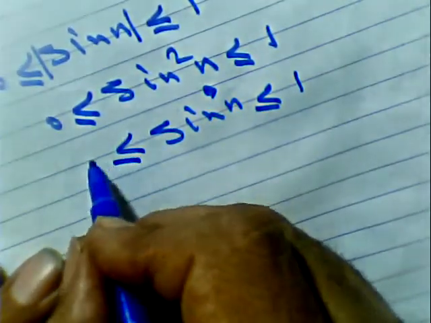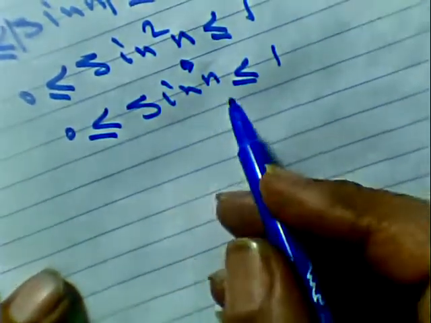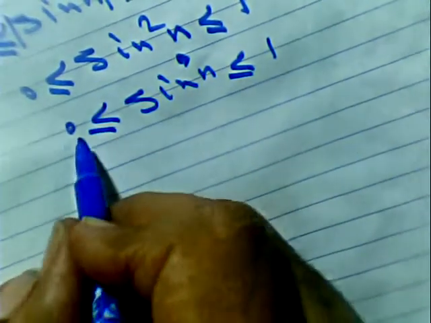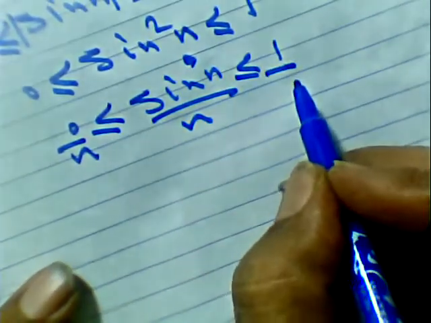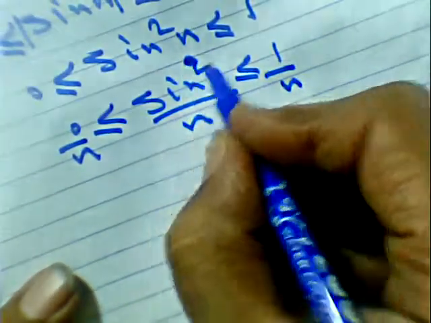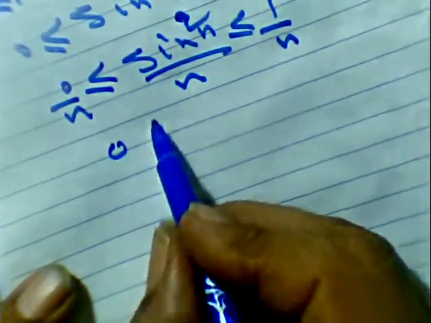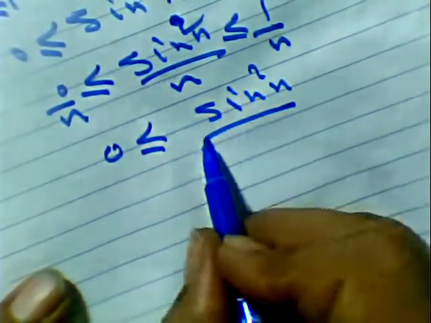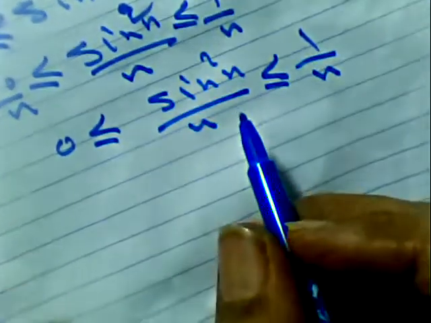Now we divide all sides by n, so 0 over n equals 0, less than sine square n over n, less than 1 over n.